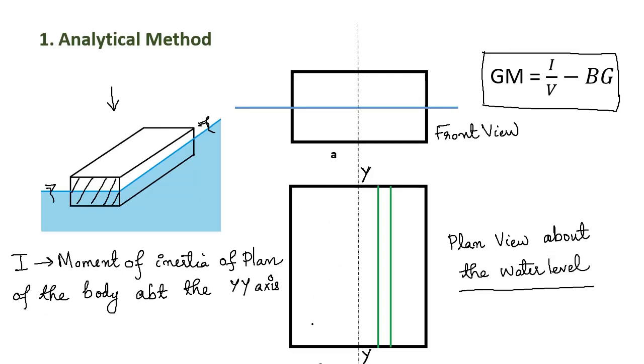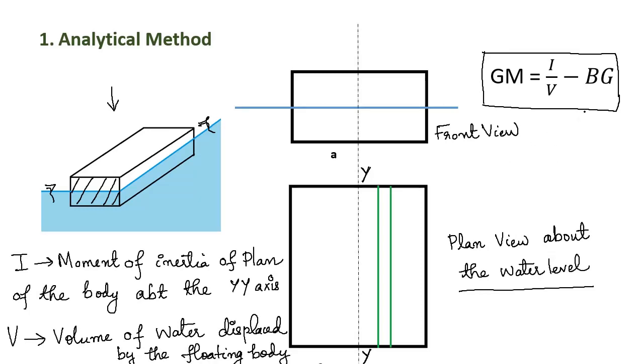In the plan view we can see a rectangle, and the moment of inertia of this rectangle about the YY axis is given by I. Capital V represents the volume of water displaced by the floating body, and BG is the distance from the center of buoyancy to the center of gravity.